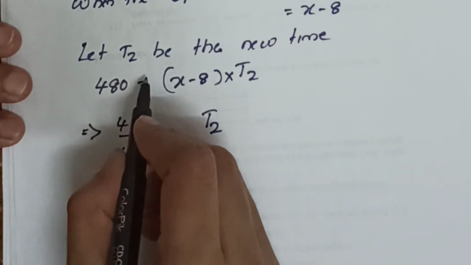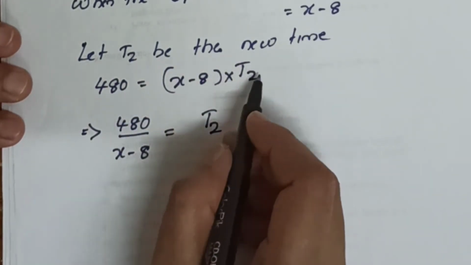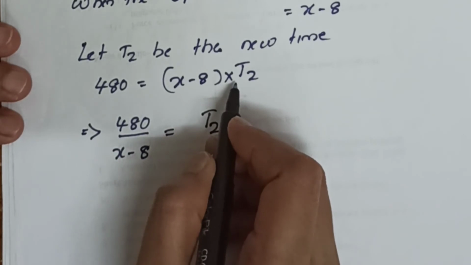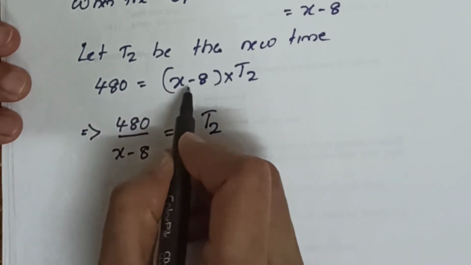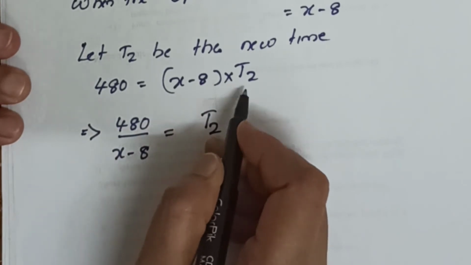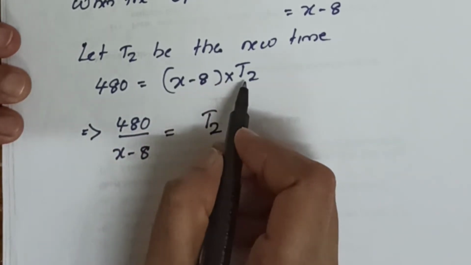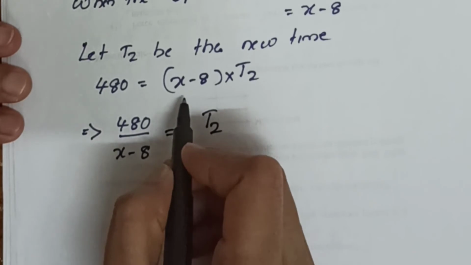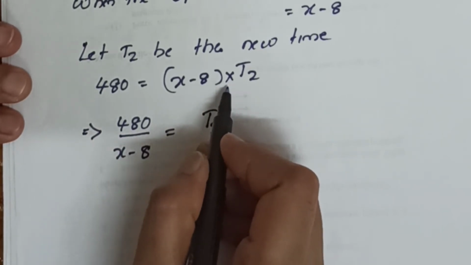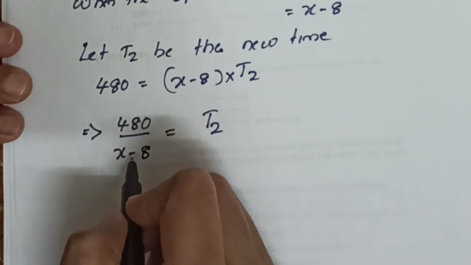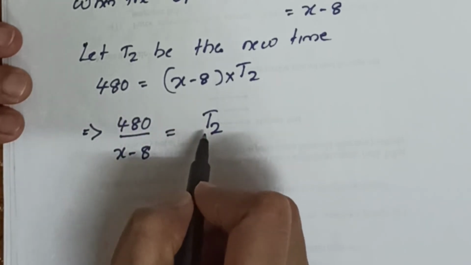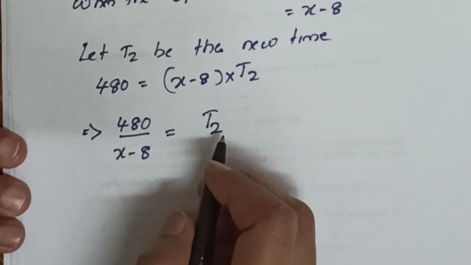Now, let t2 be the new timing. When you put the values in the distance formula, we have distance is equal to speed x minus 8 into t2. Again, when this goes to the other side, here it is multiplication, so it will become division. So, 480 by x minus 8 is equal to t2, the new timing.